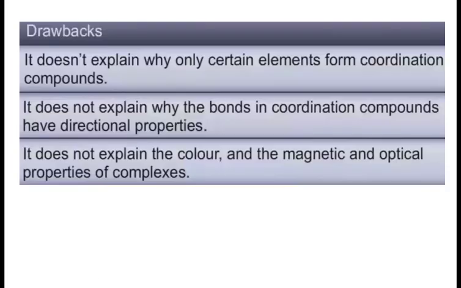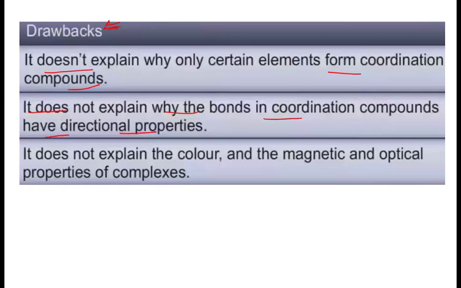Now the drawbacks of Werner's coordination theory. Although it initiated the beginning for the bonding in coordination complexes, it has certain limitations. It does not explain why only certain elements form coordination compounds. That he could not explain. Okay. It does not explain why the bonds in coordination compounds have directional properties.